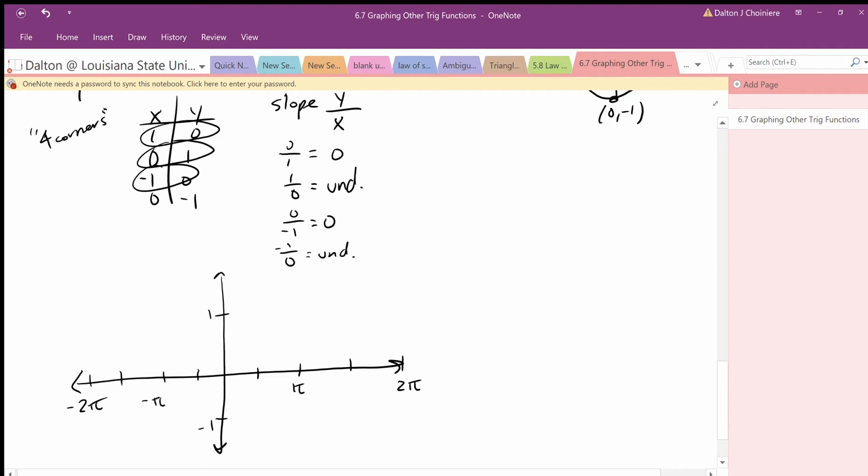I want to graph tangent using what we know about these values now. At our first coordinate, x of 0, the slope at that point is 0, so that's an actual coordinate. Then at our next coordinate, pi over 2, we're at undefined, which means we're going to have an asymptote there.